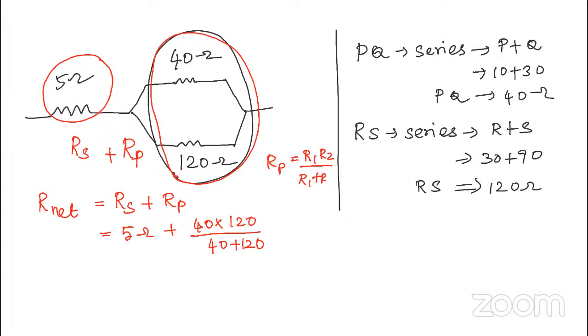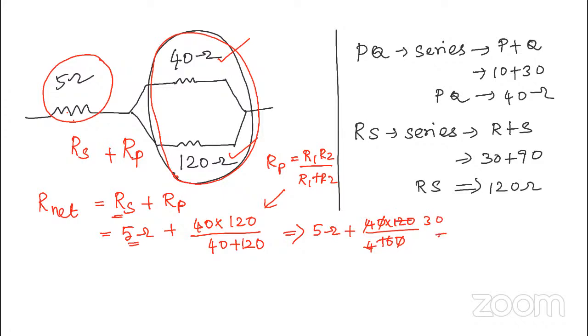So according to the formula, these two resistances we have written in parallel connection. In the series connection here there is only one resistance, so we directly write the value of RS as it is. Okay, right? So what will the next step be? 5 ohms plus 40 into 120 divided by 160, right? 160 is one time and this is 4 times, so the zeros should be cancelled. Here it is 30.